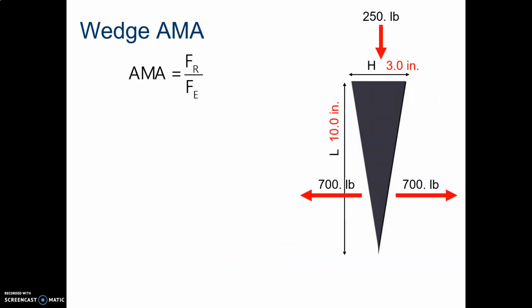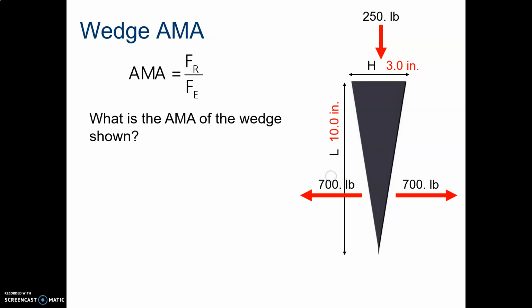The actual mechanical advantage is found just like the other ones, the resistance force divided by the effort force. And in this case, the wedge is pushing, like it's splitting something, and there's a 700-pound resistance, and the effort is 250 pounds. So we are pounding that in with 250 pounds of force.